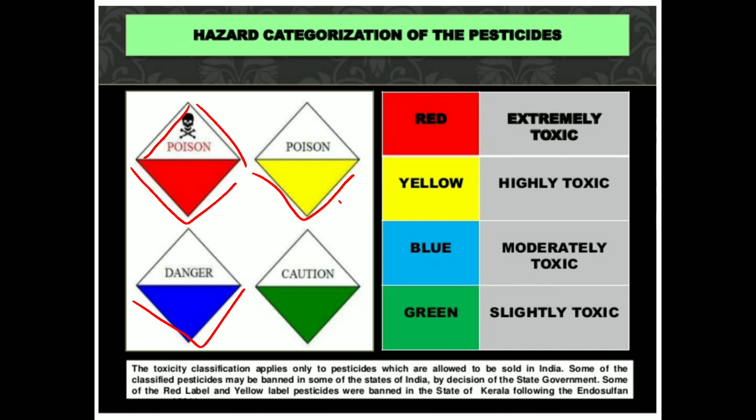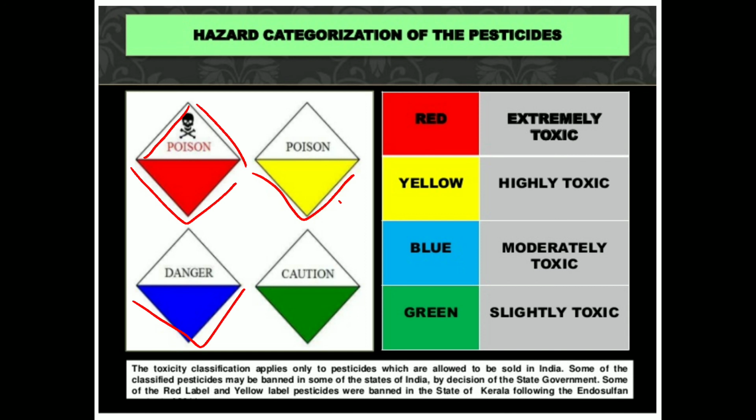That means for pesticides, whether a fungicide or insecticide, it will vary: it may be extremely toxic, highly toxic, moderately toxic, or slightly toxic, depending on the color indicated. Most of the time we use the moderately toxic, that is the blue triangle indicated on the fungicidal box or packets.